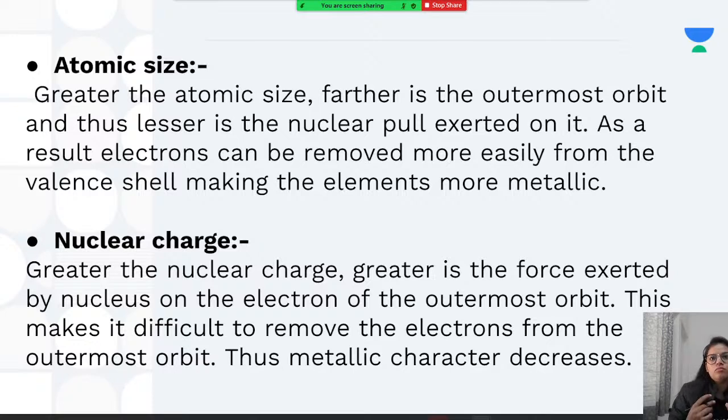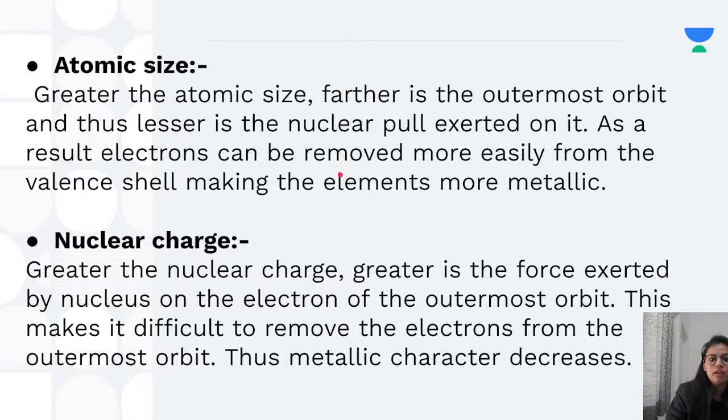If we have more nuclear charge, the nucleus will exert more force on the electrons of the orbits. The more force it holds on the electrons, the more difficult it is to take out the electron, and therefore the metallic character decreases. Now how does this trend happen over here? Let us see.